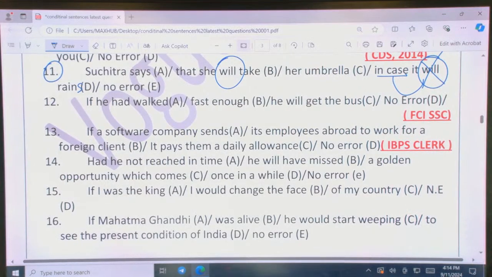I need to sit down. Question number 13. If a software company sends its employees abroad to work for a foreign client, it pays them a daily allowance. Does anybody know any answer?